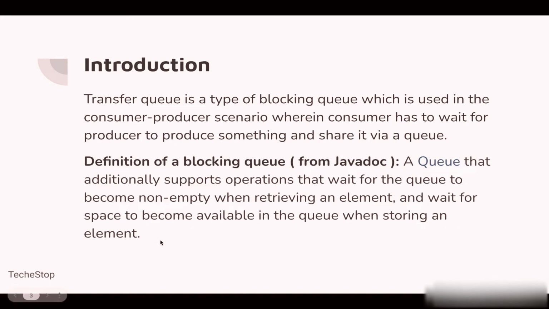If you understand from this definition, which I've taken from the Java doc, some of the processes will wait for space in the queue so that they can put messages onto the queue, and some consumers would also wait for messages to appear in the queue if the queue is empty. So this is how the blocking queue works.